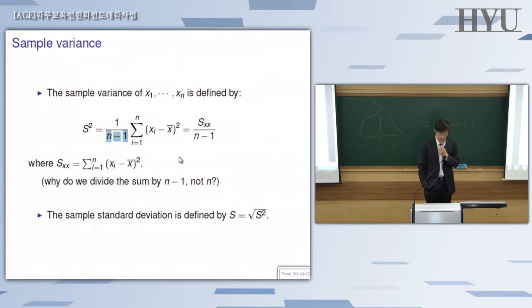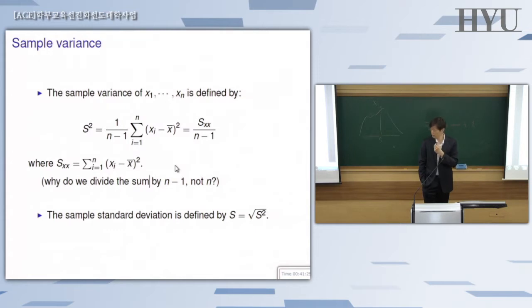And to simplify the summation, in practice people sometimes use the notation of big S sub big X and X. But whenever we introduce this notation, I'll define it first. So that measures reliably how much spread or variation you have in your sample.